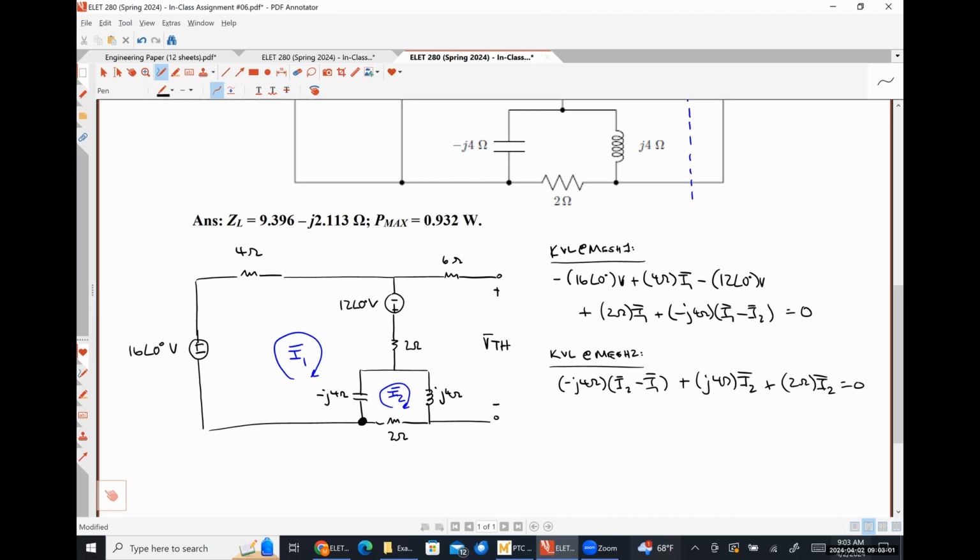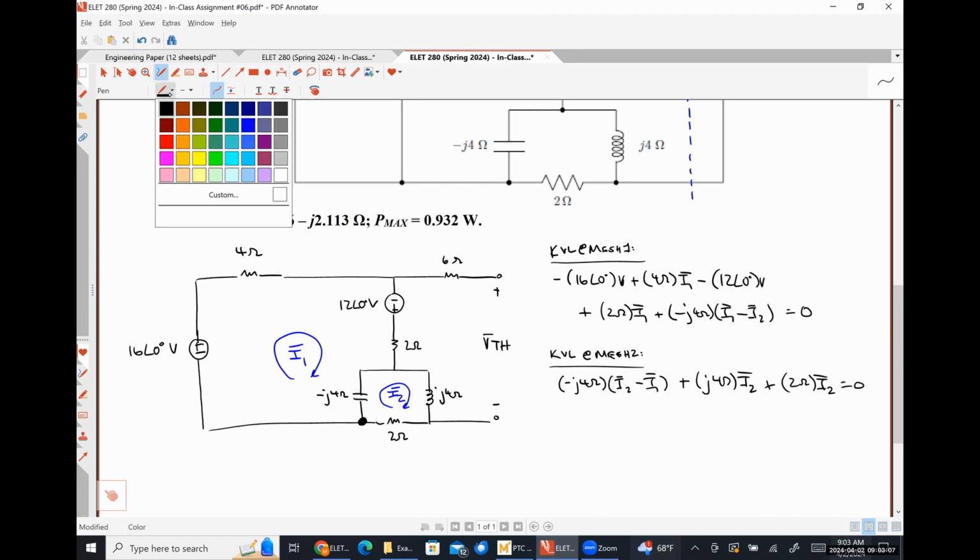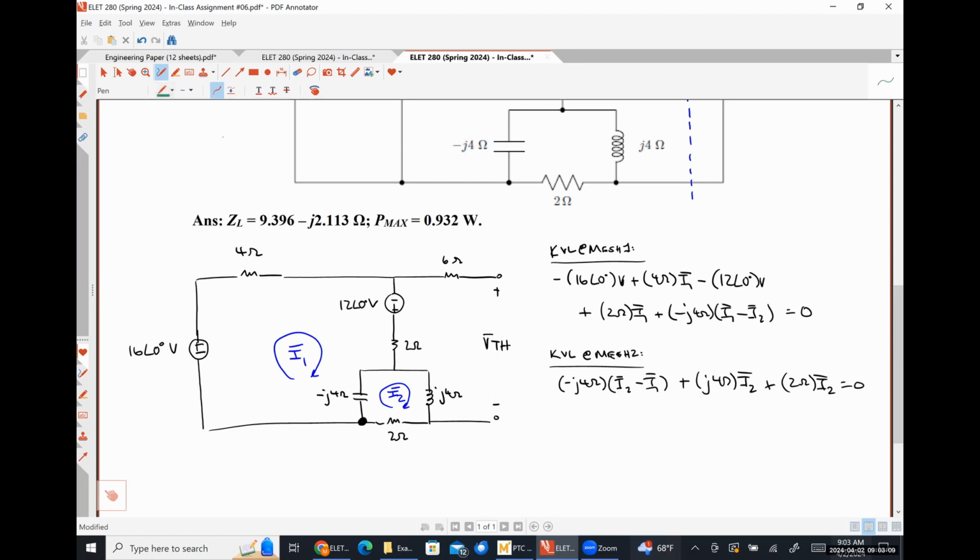Now let's talk about how we might find VTH. I would argue that we could find VTH by doing Kirchhoff's voltage law around, actually, I need to keep on trucking. This outside path would probably be the easiest one to do, okay?